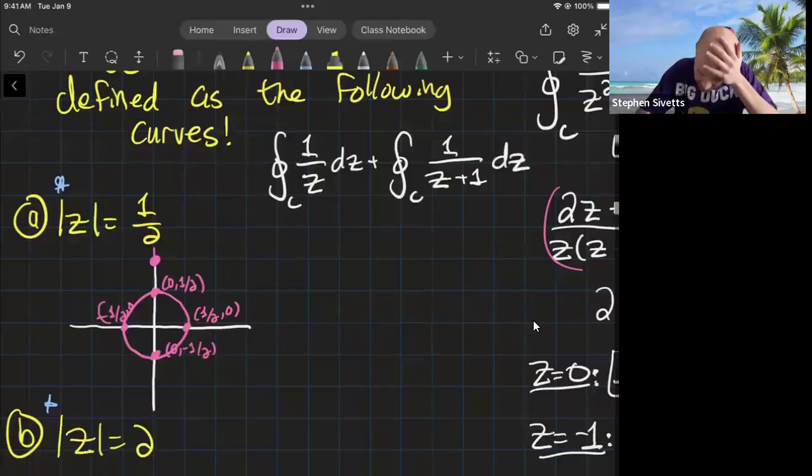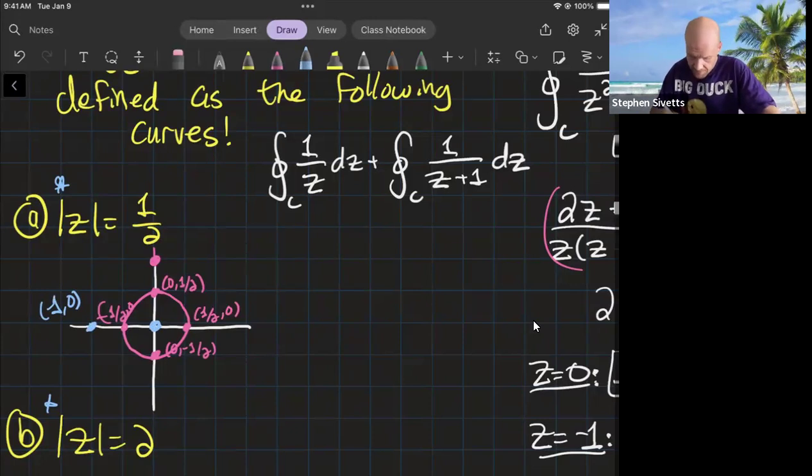So for part A, we know that the circle contains the origin, but it does not contain the point z equals -1. It's outside of the circle. So it's analytic there, but it's not analytic at z equals 0.